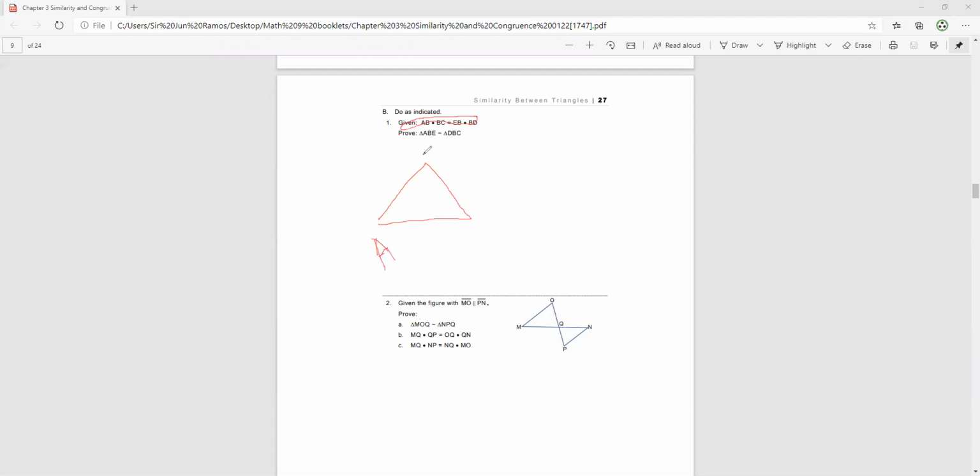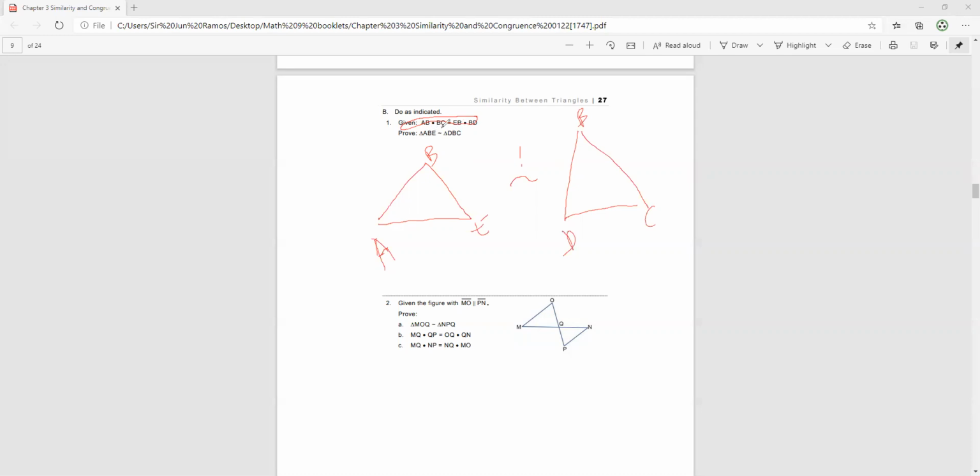This is triangle ABE, and we are supposed to show that this triangle is similar to triangle DBC. We can only show that they are similar if we analyze the given.